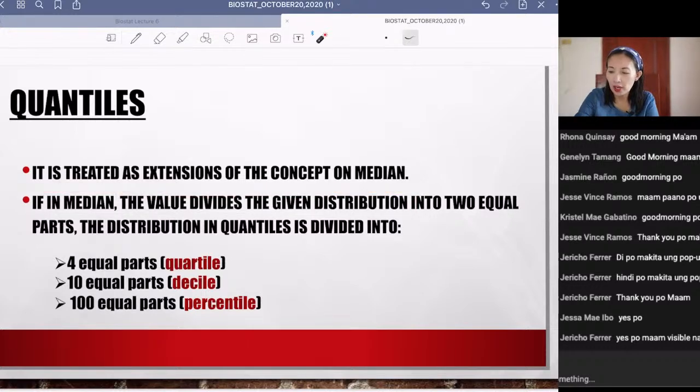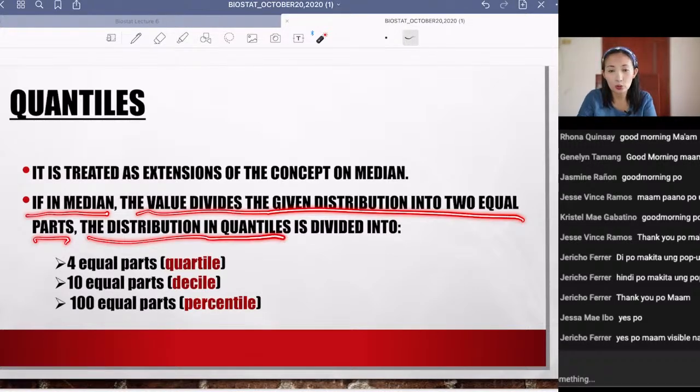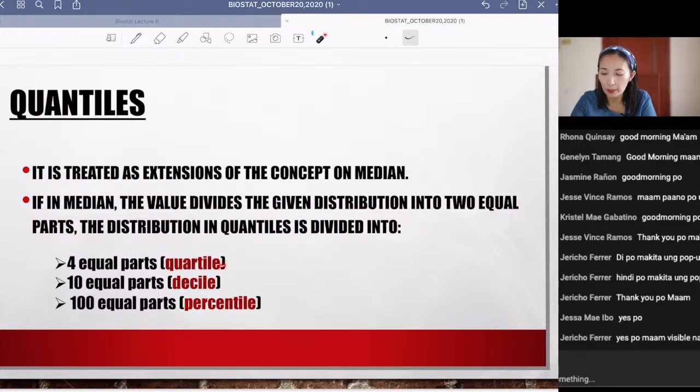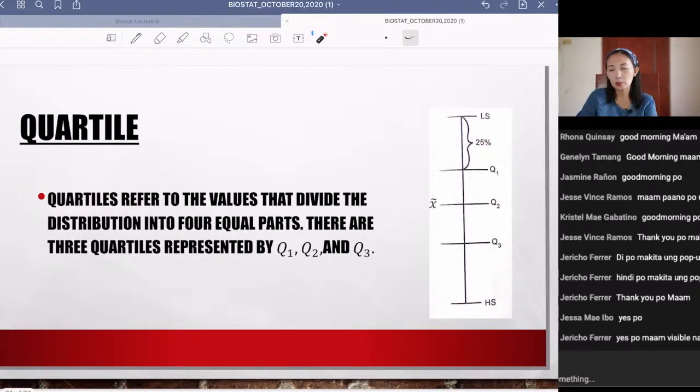So if in the median, the value divides the given distribution into two equal parts, in quantiles the distribution is divided into, for quartile, 4 equal parts; for decile, 10 equal parts; and for percentile, 100 equal parts. Okay, let's begin with quartile. Quartiles refer to the values that divide the distribution into 4 equal parts, represented by Q1, Q2, and Q3.